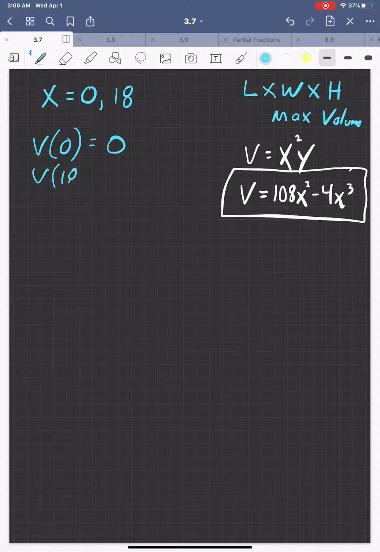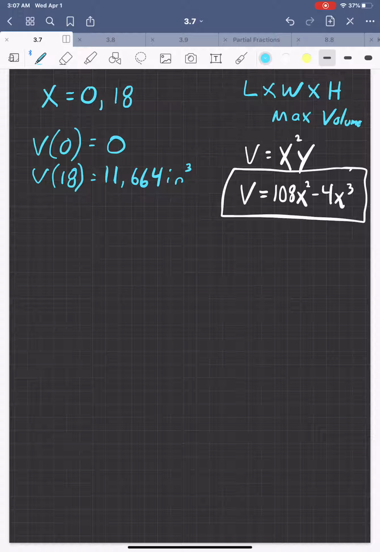If you choose 18 for x, I don't have a calculator readily available, but that should be 11,664 cubic inches.